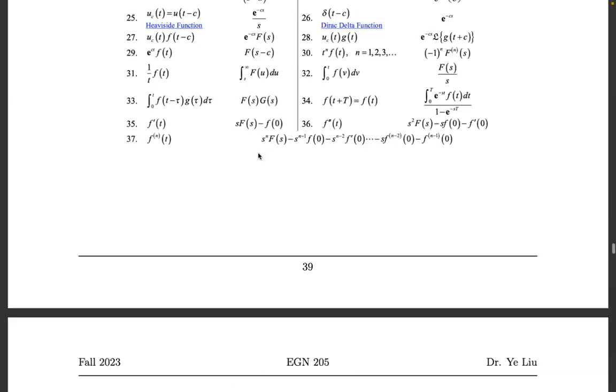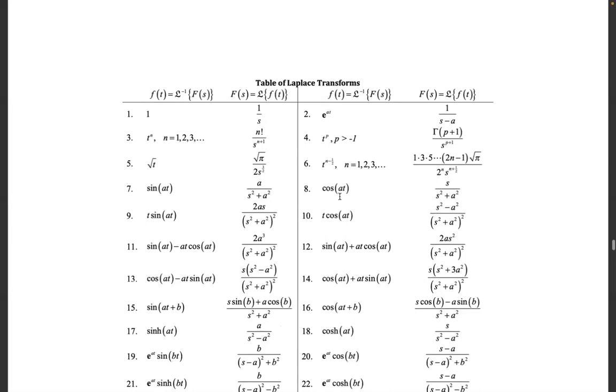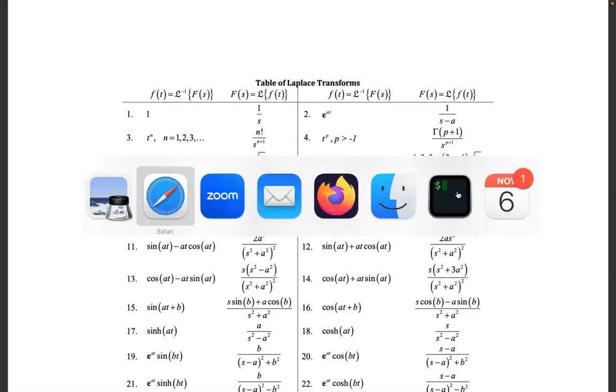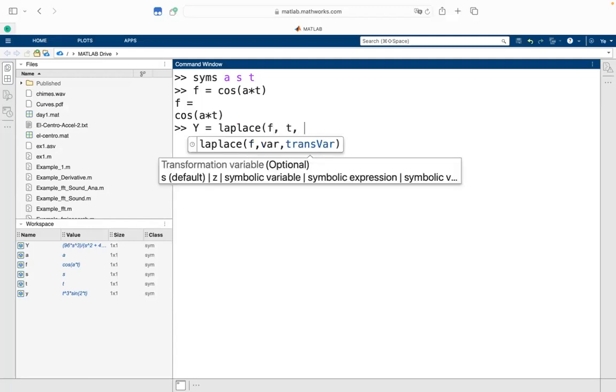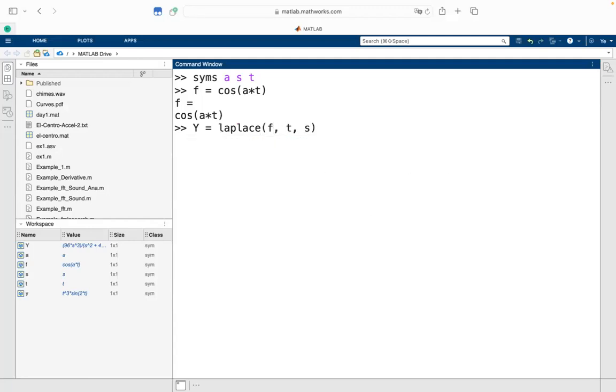So cosine at, after the Laplace transform, equals s over s squared plus a squared. We can check this in MATLAB. So Y equals the Laplace of f, t to s, from the time domain to the s domain.